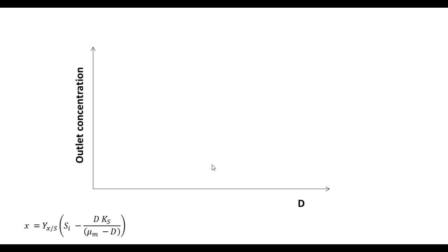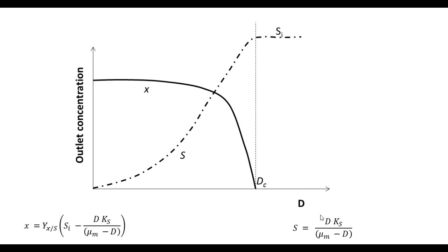If we convert this into a graph, it is going to look something like this. Actually, the drop is very steep here, closer to the DC. At the critical dilution rate, there are no cells present in the outlet. The cell concentration is 0. And from the expression that we derived, S equals DKs by mu m minus D, the substrate concentration goes something like this.